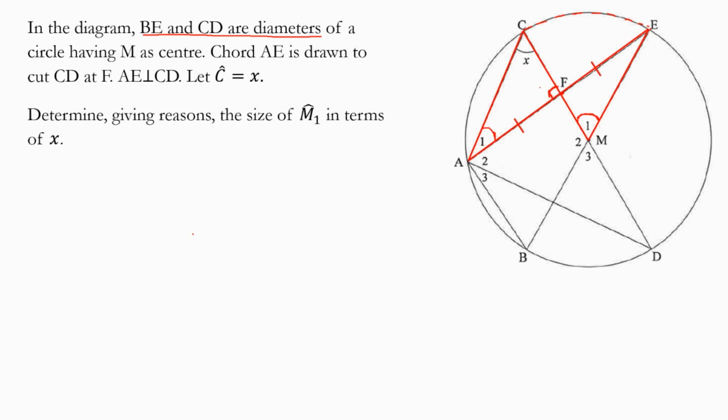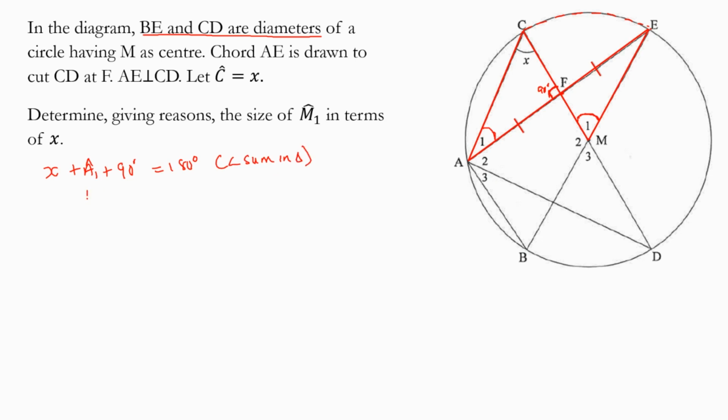This is 90 degrees. So we can say angle X plus angle A1 plus 90 degrees is equal to 180 degrees, because of the angle sum in a triangle.